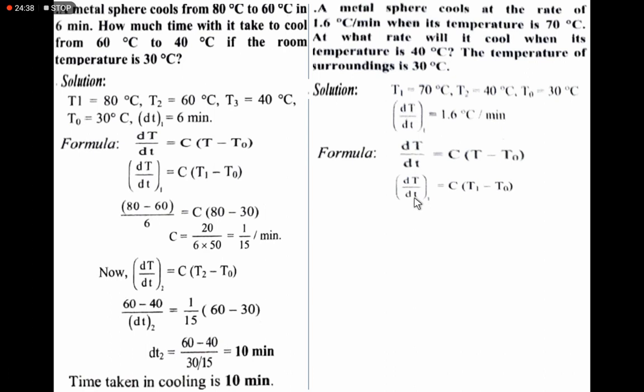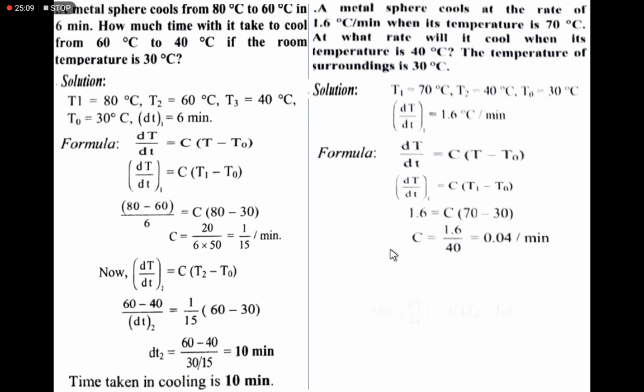Here the rate of fall of temperature is given, it is 1.6. C is to be found out. It is 70 minus 30. Body temperature first time is 70, room temperature is 30. So we'll write 1.6 divided by 40, it is 0.04 per minute. C is the constant.